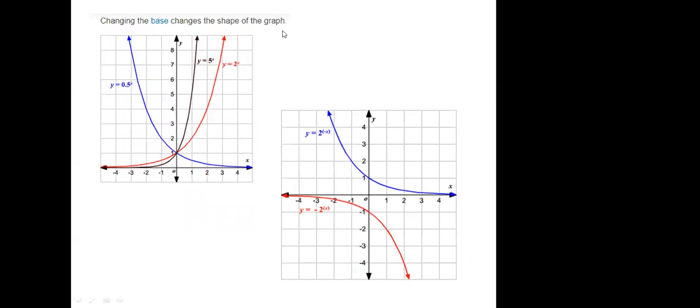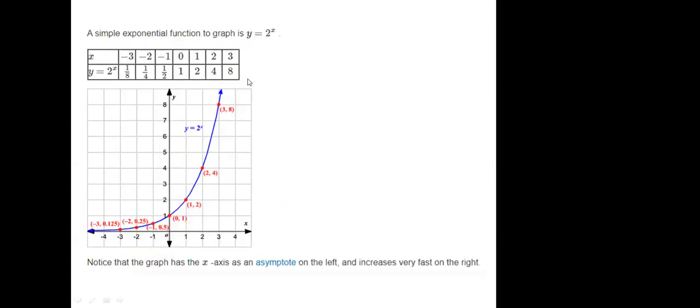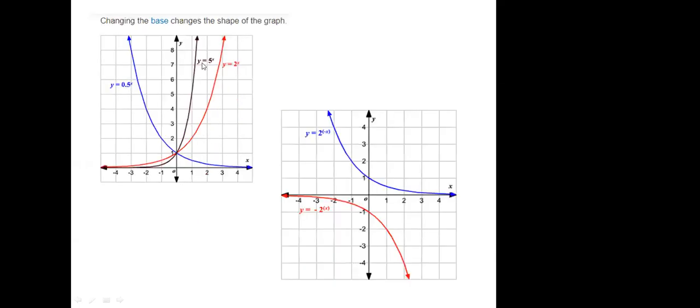So this is what is important, how you can know how the exponential function works. This one is y equals 2 to the x. If we have 5 to the x, so if the base is bigger, then it goes in this direction. If it's smaller, it will be like here, this way.